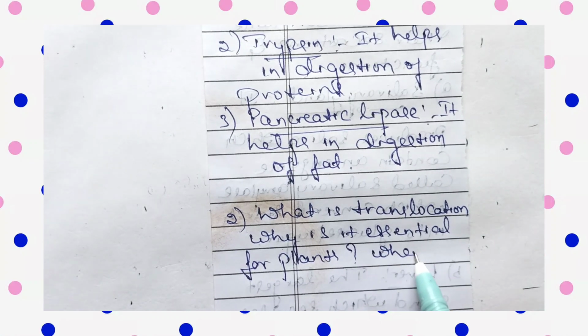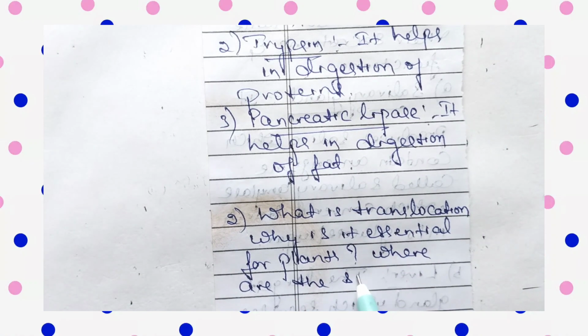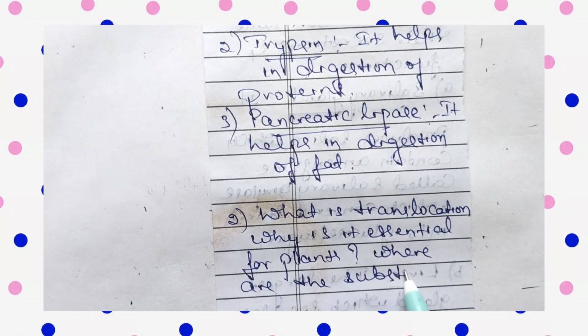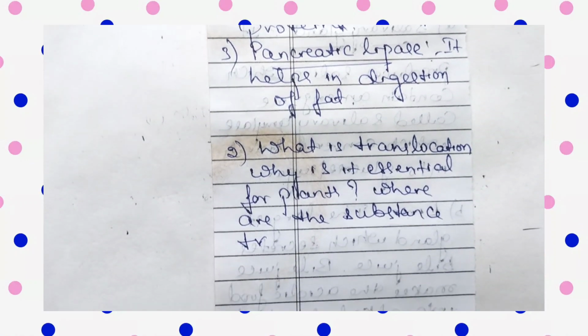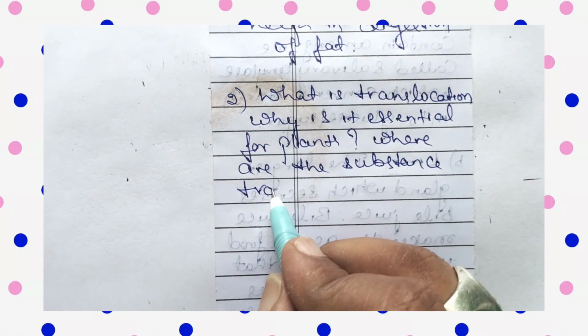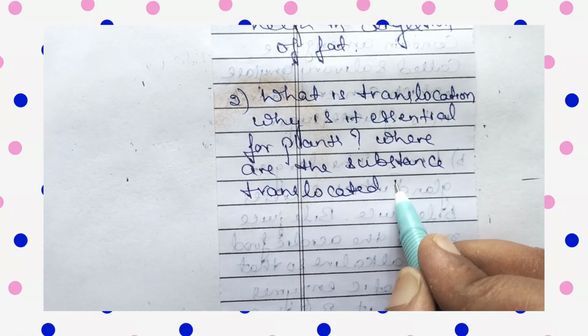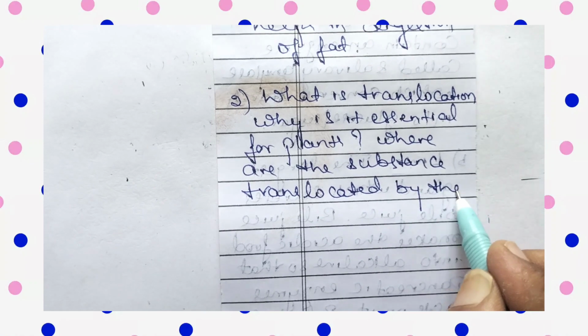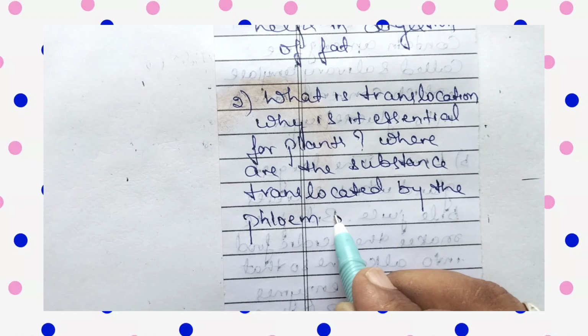Where are the substances translocated by the phloem delivered?